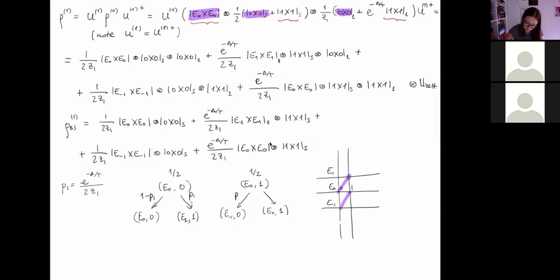Oh, sorry. This will be 1 minus P1, P1. And one can show that during each step of the protocol, this is exactly what happens.